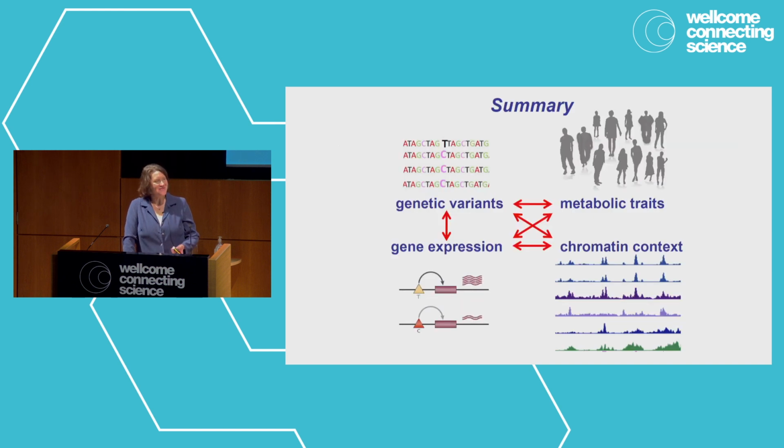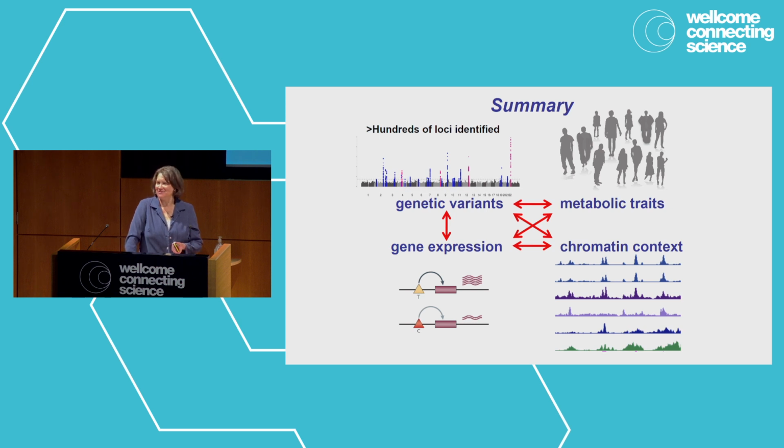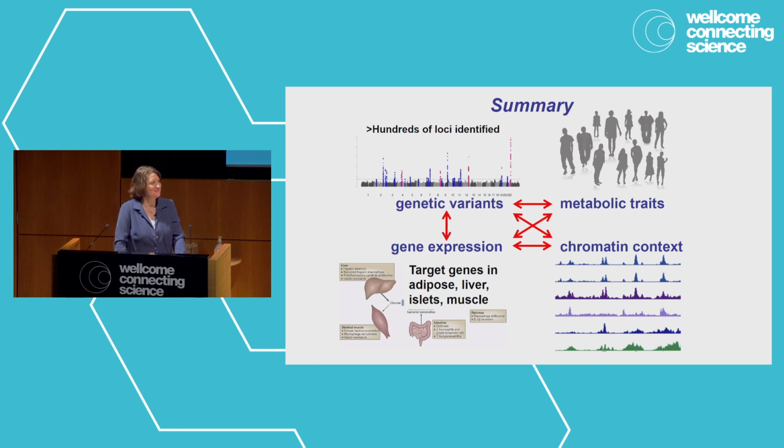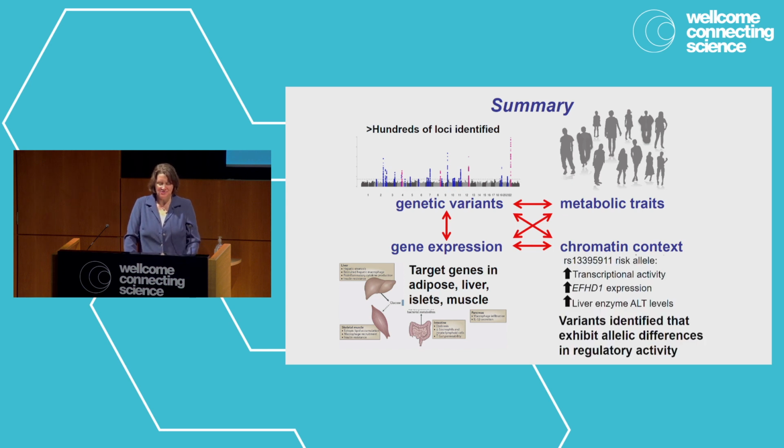Okay, so overall, using these genetic approaches, we identify hundreds of loci that are associated with metabolic traits. We can then use gene expression in lots of the relevant tissues to identify some target genes and their potential directions of effect, to better understand what those targets might be, and then use the chromatin context to identify potentially specific variants, either because the variant is located in a region of chromatin accessibility, as I showed with the first story, or because there's a genetic association with accessibility, as I showed in the second story.